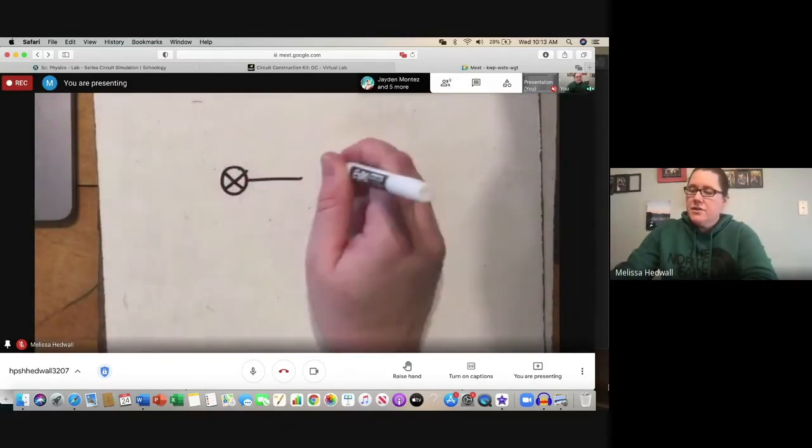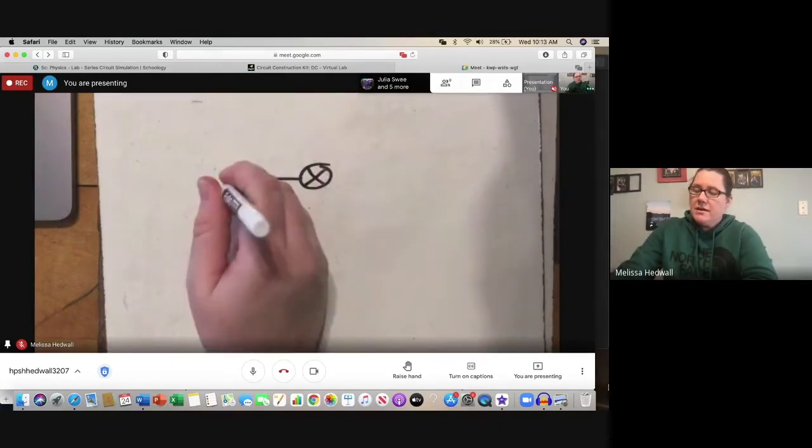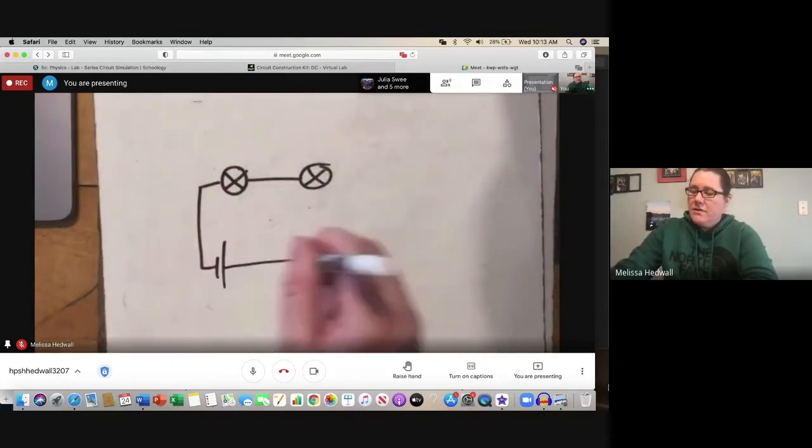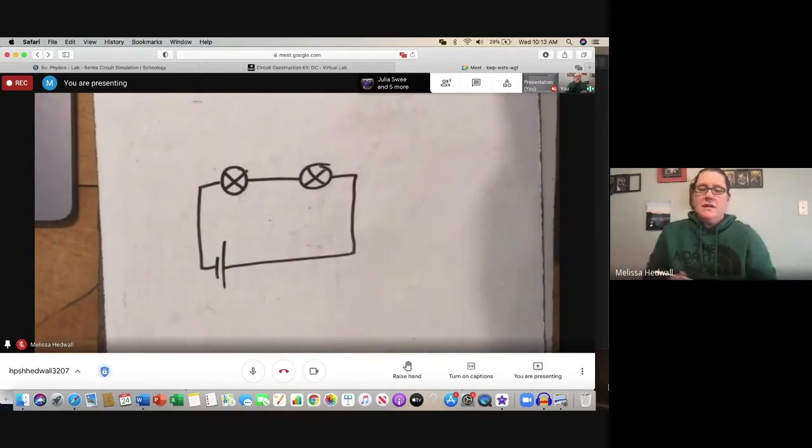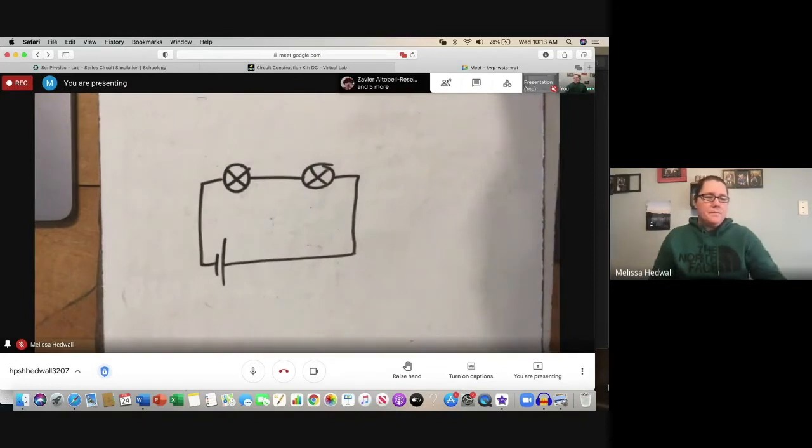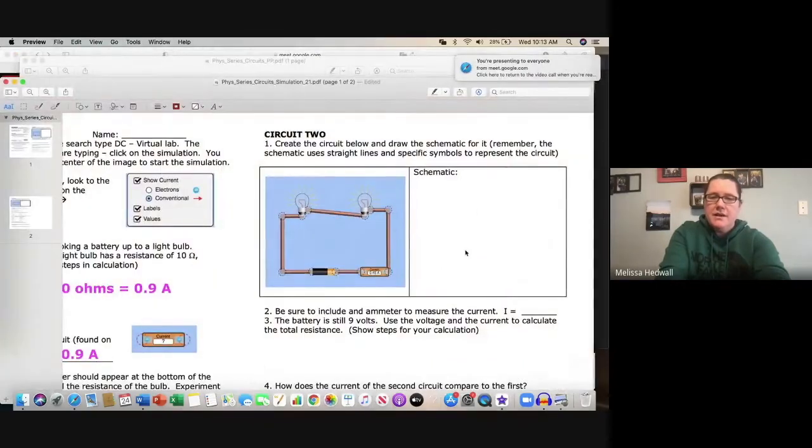You have the circle with the X in it, circle with the X. That's all the schematic is. A schematic is your straight line drawing using those appropriate symbols to represent what you have. So for the schematic part, this is what you're looking for. You'll put that in that space over on the side there. So where it says to draw the schematic, you're putting that there.